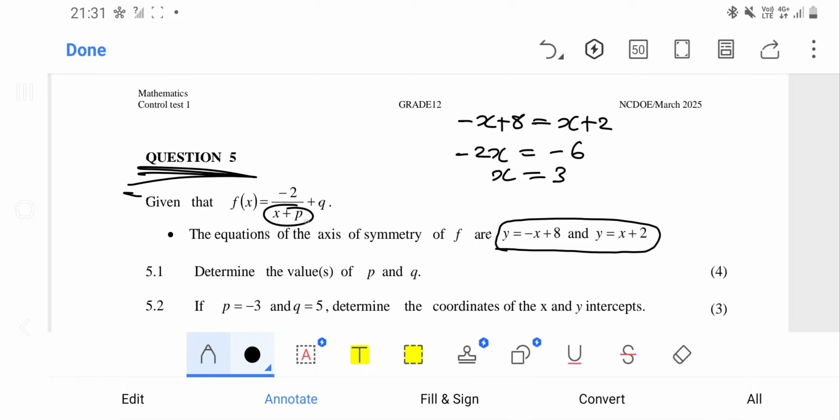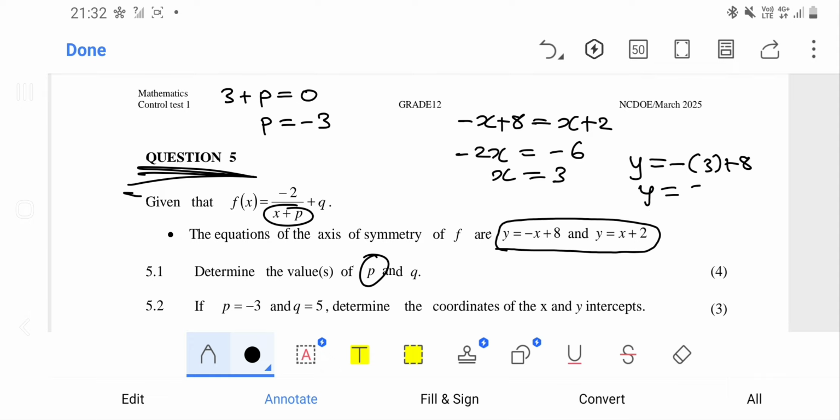For us to get the value of p, we say 3 plus p is equal to 0, and then p becomes negative 3. What about q? You just say y is equal to negative 3 plus 8. You get positive 5.